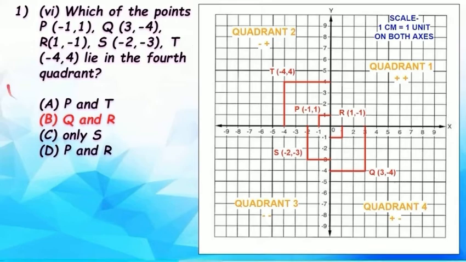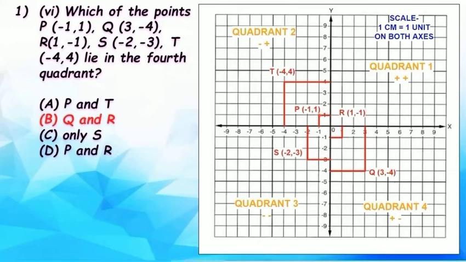So let us consider the first point P. Here the x coordinate of point P is -1 and the y coordinate is 1. Therefore on the x-axis we locate -1, which is here. On the y-axis we locate 1, which is here. So we draw a line and the intersection of these 2 will be the location of point P with x coordinate -1 and y coordinate 1. So point P lies here.